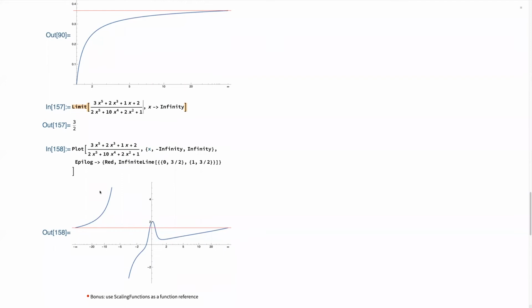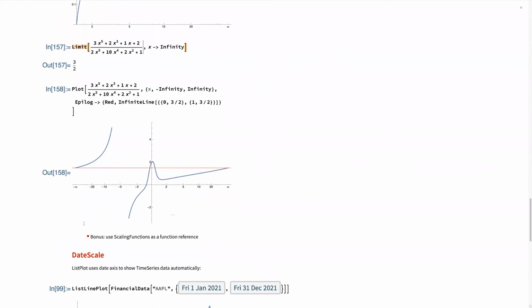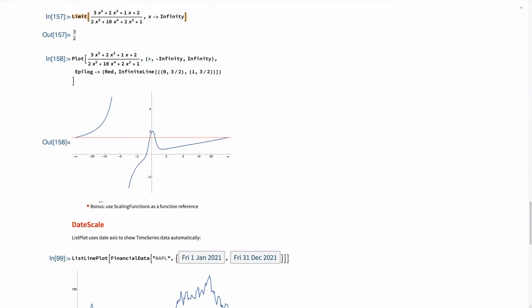We can see that on both ends, the limit is the same. And you can see that when it reaches -infinity and infinity, they just touch this limit. And I included a bonus for you to look at, how to use scaling functions to test how close a function is to a reference line.